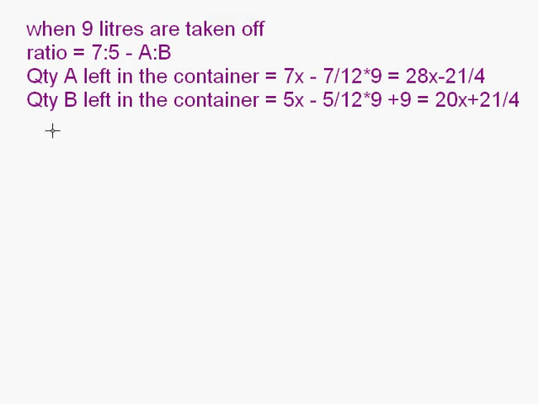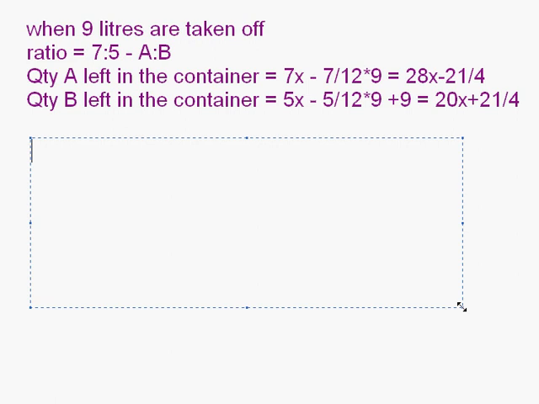Now in the question it is given that the new ratio became 7:9. So what does it mean? That means 28x minus 21/4 upon, we'll write it in brackets, there should be one more bracket here, otherwise you will get confused, so this upon 20x plus 21 upon 4 will be equal to 7 upon 9, that is given in the question.